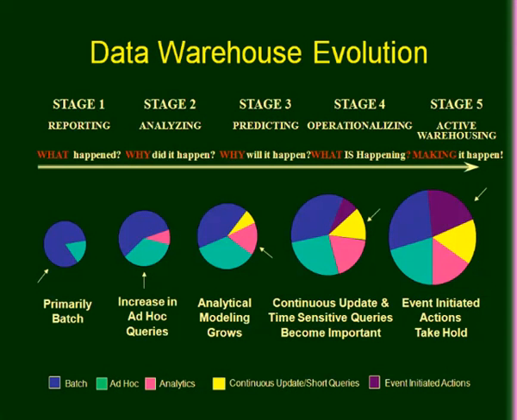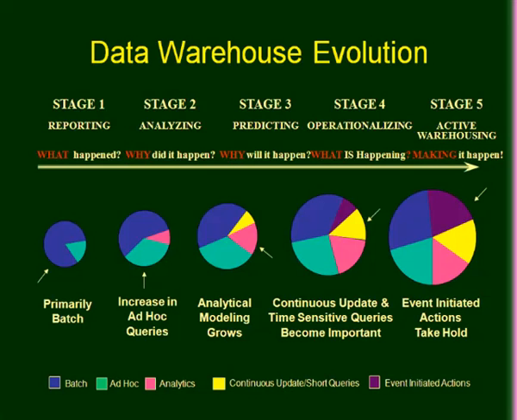Evolution of data warehouses. The slide shows the share of development in each category, stage-wise. If you observe the figure, in stage 1, which is the reporting stage, the major share goes to batch applications and very little to ad hoc queries.